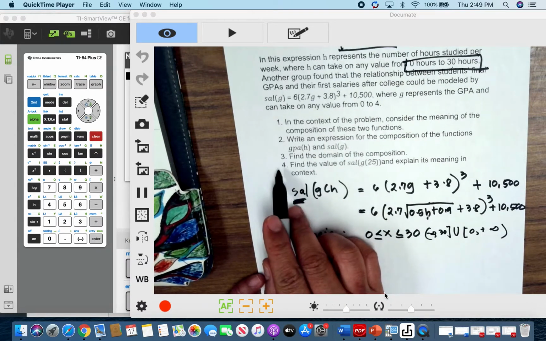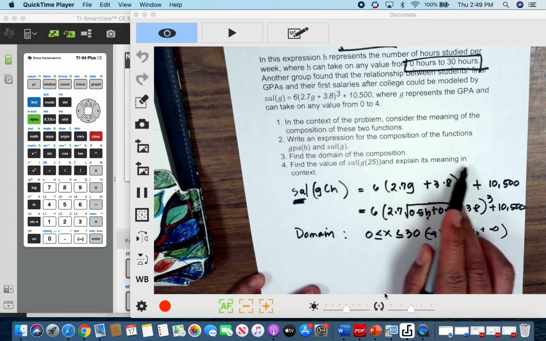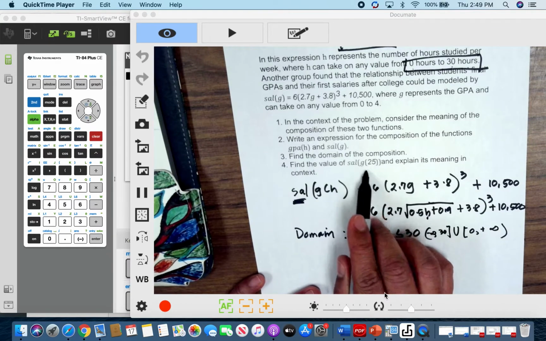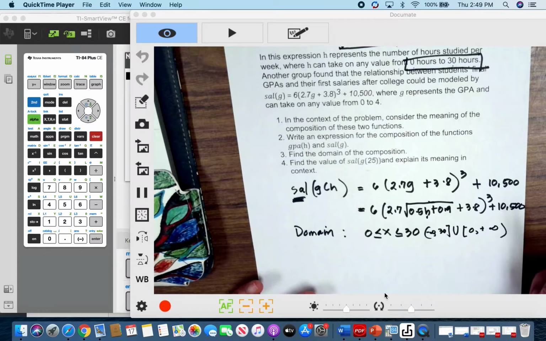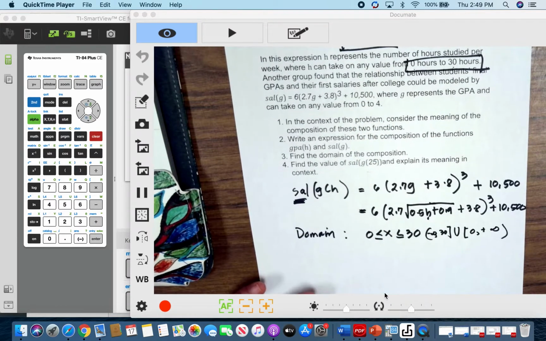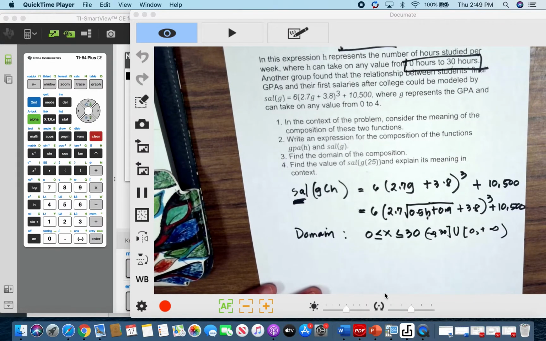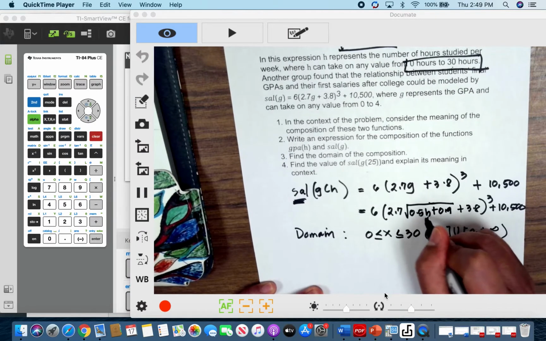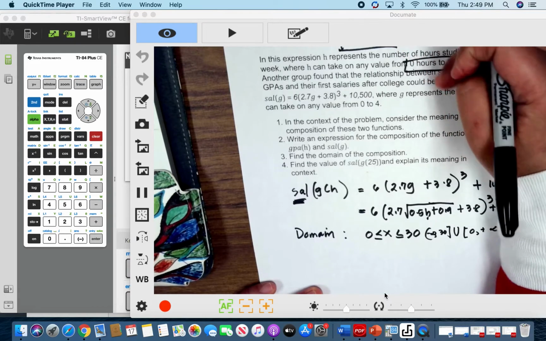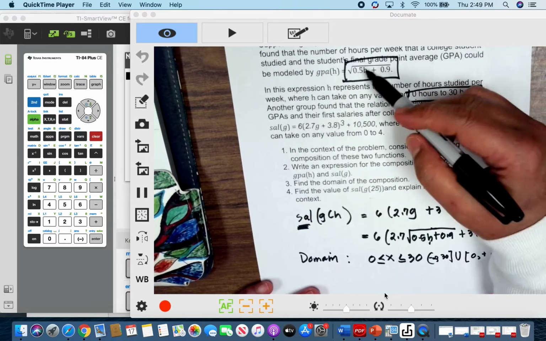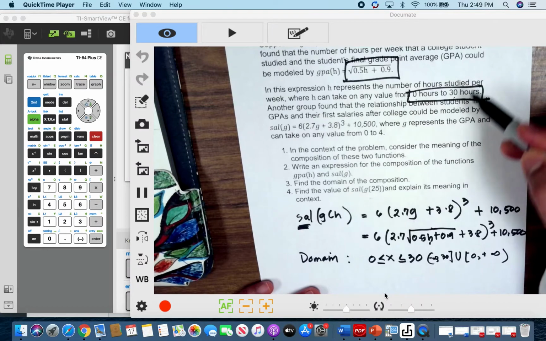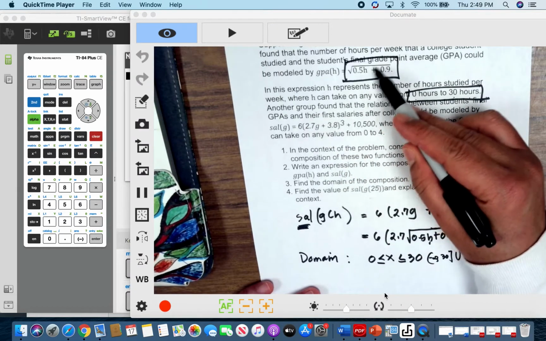Now, you're asked to find out what will be your starting salary if in your college days you studied 25 hours per week. That means a good GPA because 25 is near 30. So, therefore, we will plug in the value. We can also make use of the original equation if you want. Plug in first 25 here and then plug in whatever you get here.